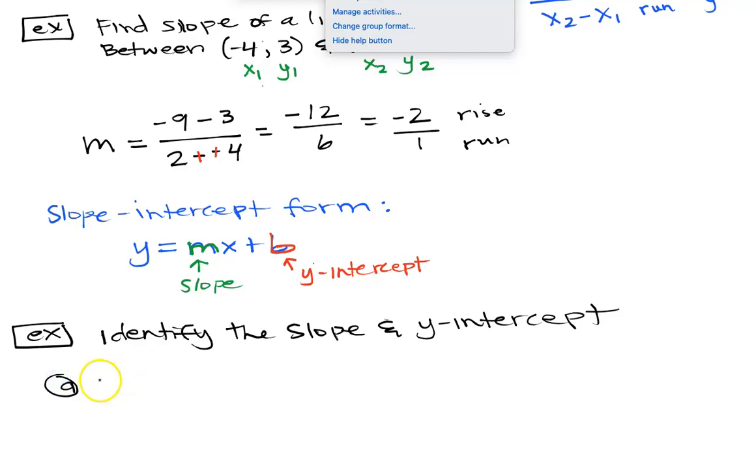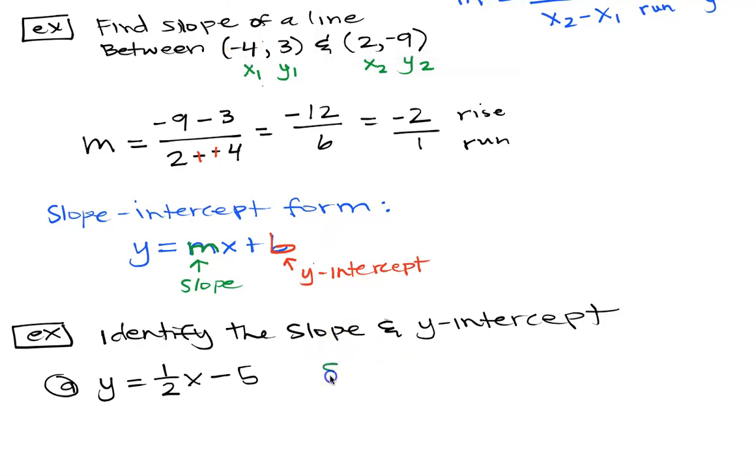So part A, if we're given the equation y equals 1/2 x minus 5, then our slope is the number in front of our x. So x isn't part of the slope, just that number in front of it. And remember, that's only when it's in this form, where y is solved by itself, y equals.